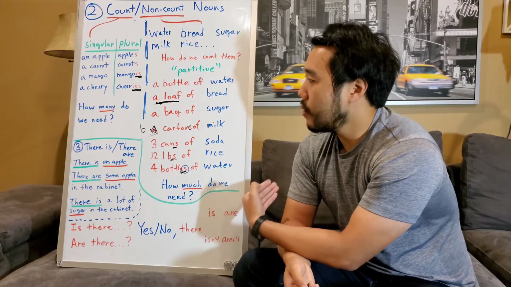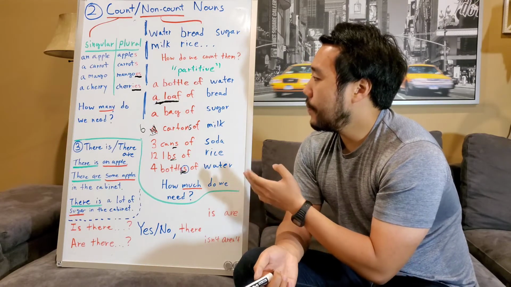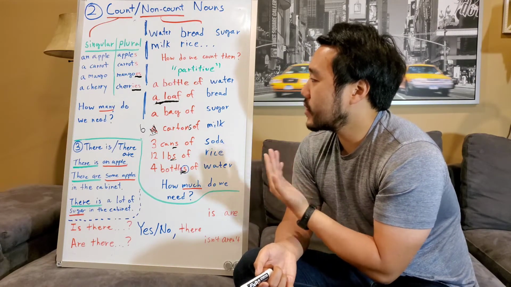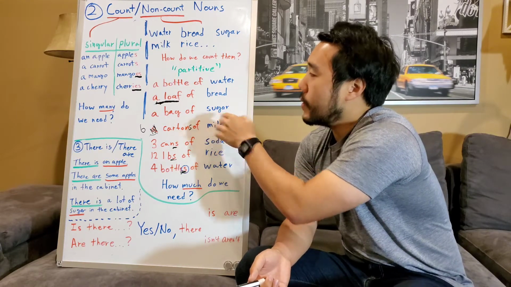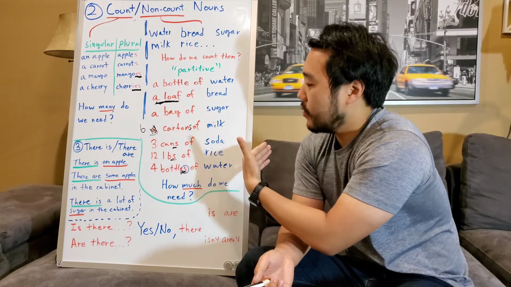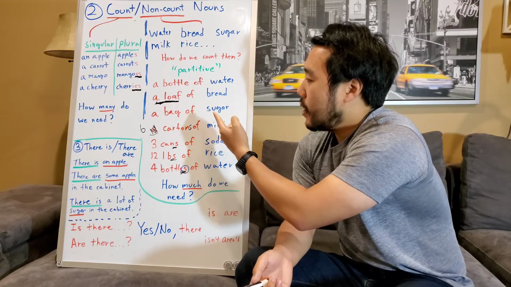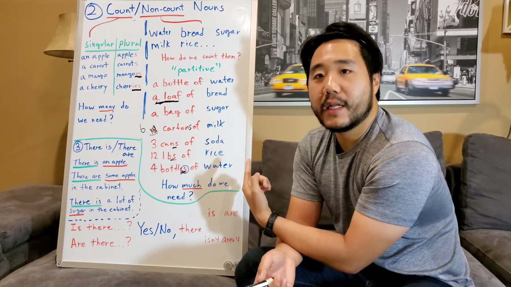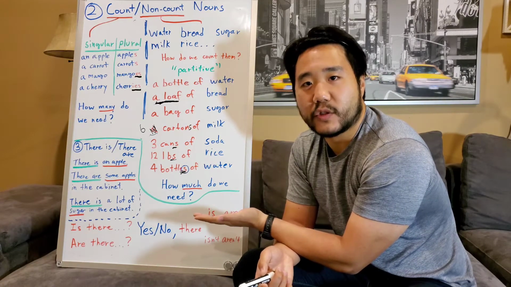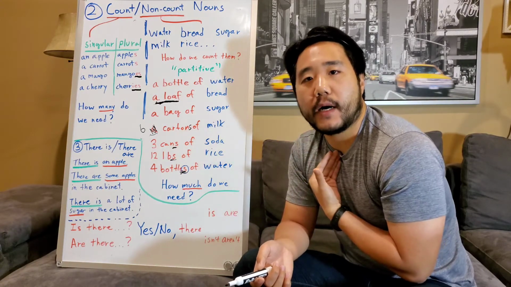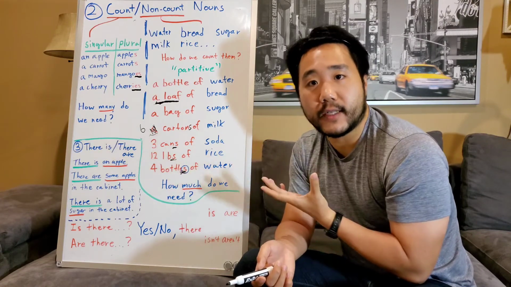Right? But as I said before, if I were more specific, you're able to measure them, or count the non-count nouns. So for example, I can say, how many bags of sugar do we need? Bags of sugar. I know that I'm talking about sugar, which is a non-count noun.